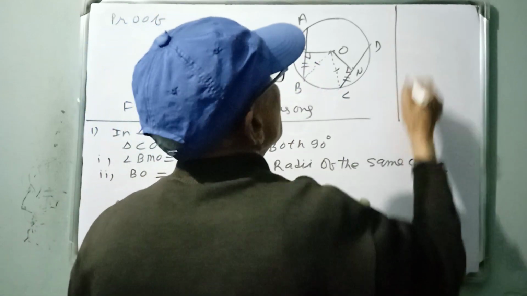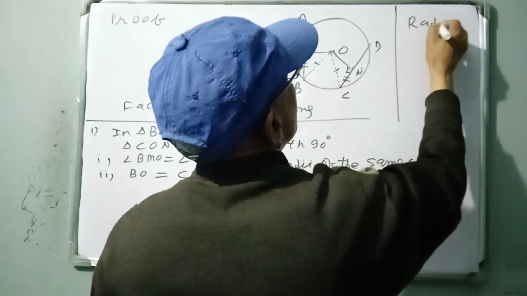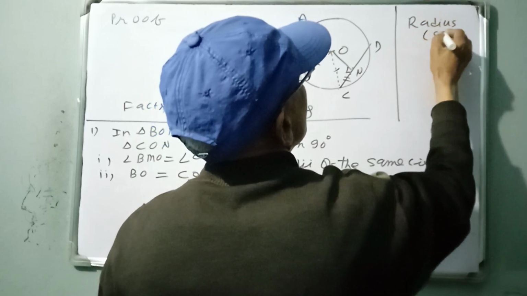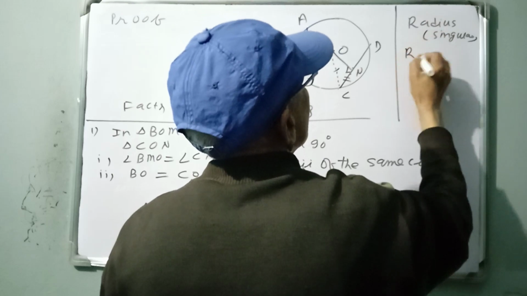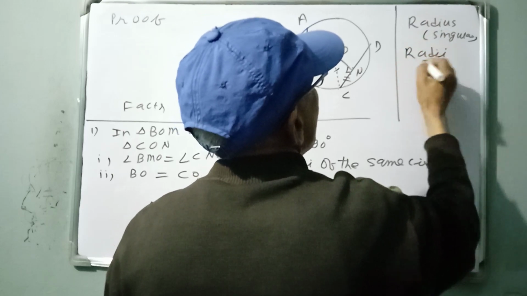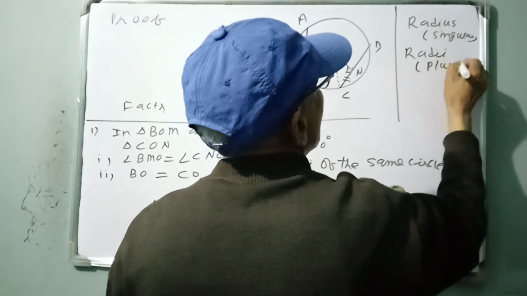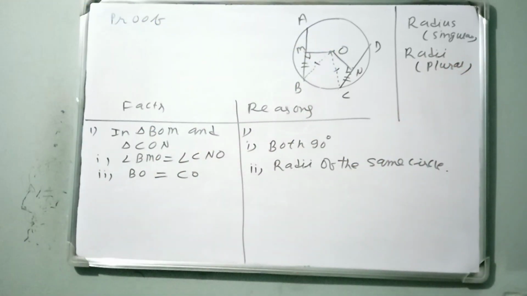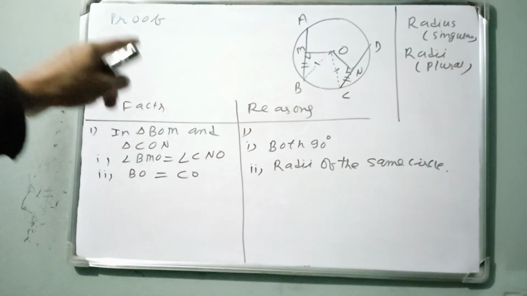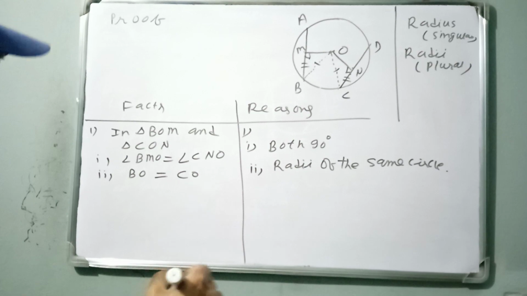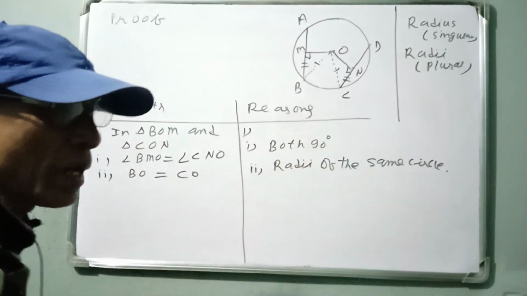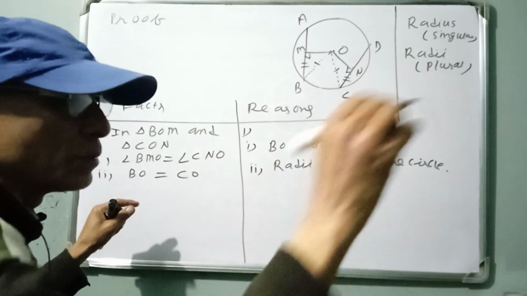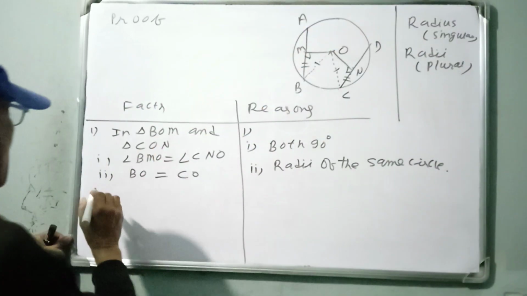See, singular is radius, and its plural is radii: singular radius is one, radii is two or more. Radii of the same circle are always equal. There are so many radii, 2, 3, 4, 5. All the radii are equal.